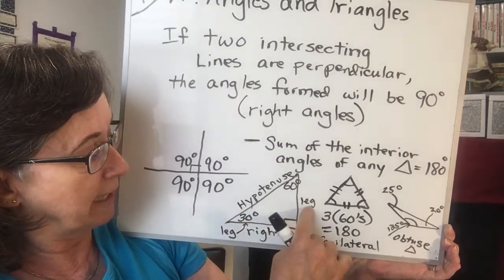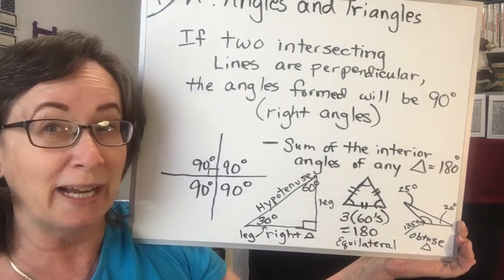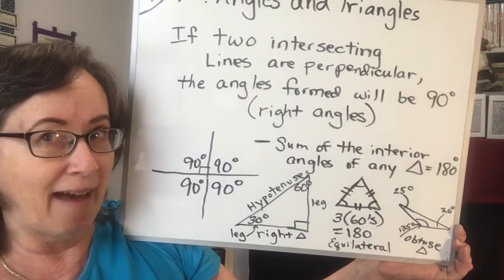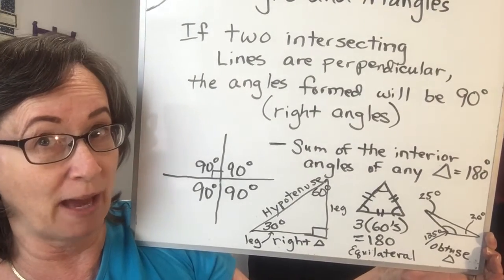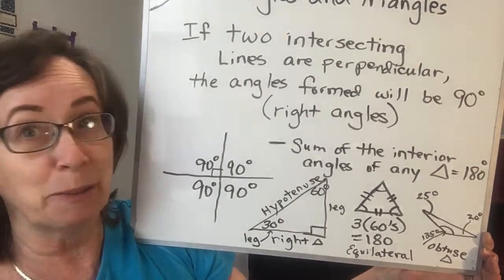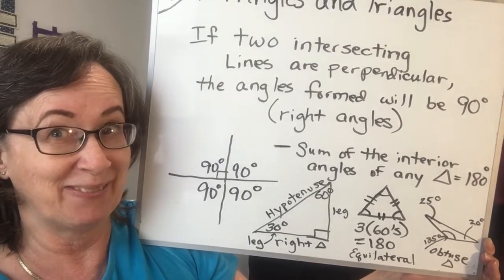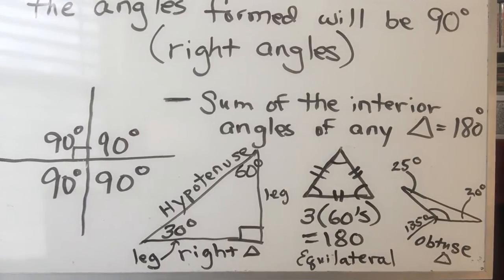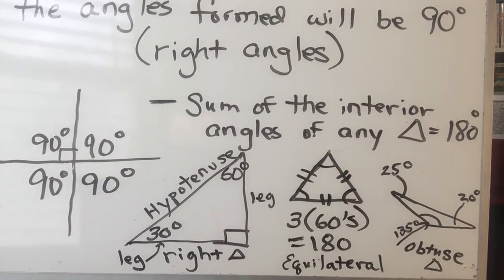And the other two sides are called legs, and this is a right triangle. Now, right triangles have a very special property that we're about to talk about, and it's called the Pythagorean Theorem. So here we go. Let me show you that a little bit closer before I erase that board.